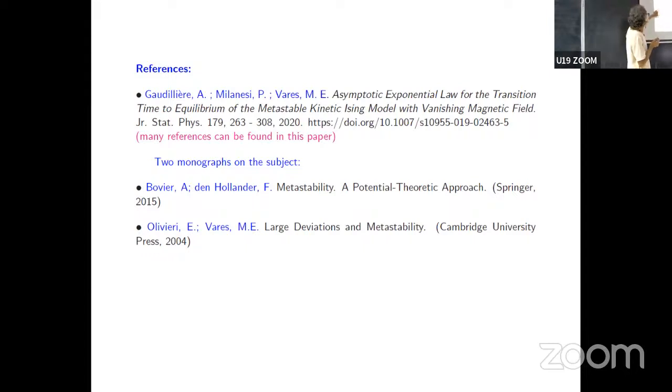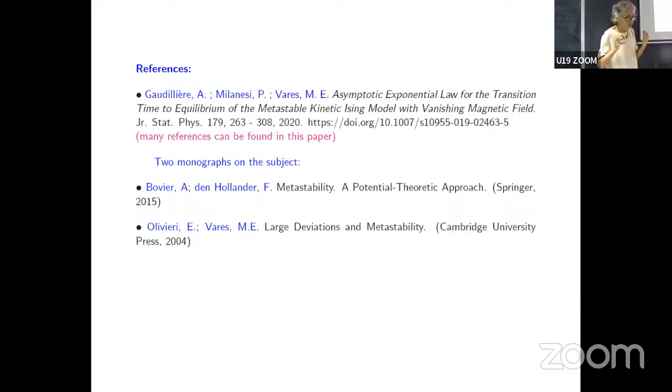The old one by Enzo Olivieri and myself is more focused on the pathwise approach, so with large deviations. It gives a more detailed description of the trajectories. And this one by Bovier and Frank den Hollander is much more recent, and as they announce in the title, it is a potential theoretic approach.